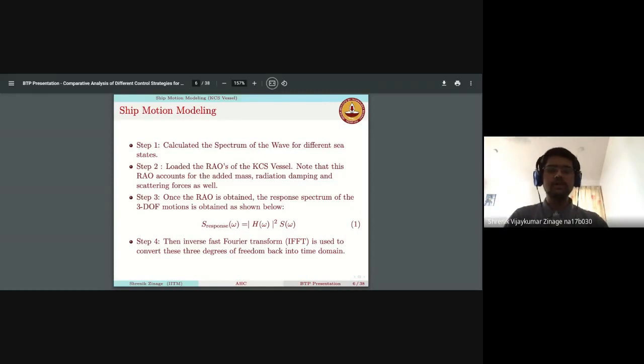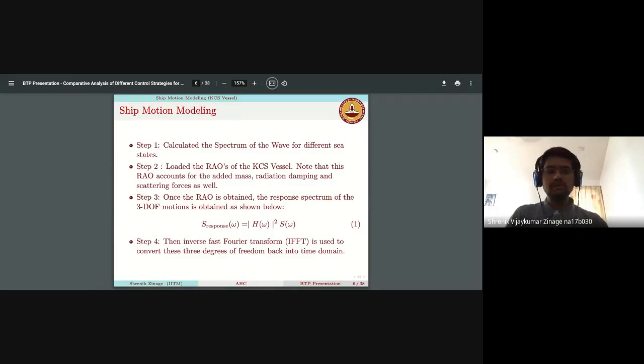So the first step was to calculate the PM spectrum for the wave for different sea states. Then I loaded the RAOs of the cases. These RAOs were obtained from MDL Hydro software, which is a frequency domain tool for wave structure interaction. Note that this RAO also accounts for added mass, radiation damping, and scattering forces as well.